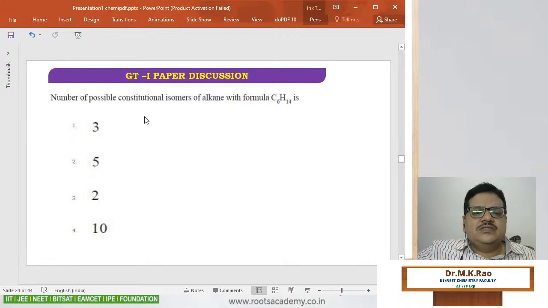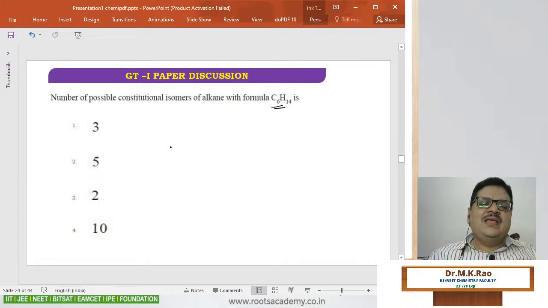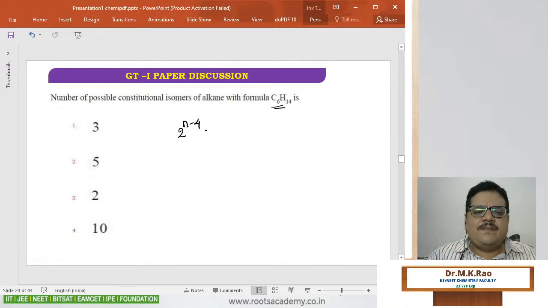Number of possible constitutional isomers of C6H14. Whenever a formula is given like this, there is a shortcut formula: 2 power (n minus 4) plus 1. With 6 carbons, 2 power (6 minus 4) plus 1 means 2 power 2 plus 1.